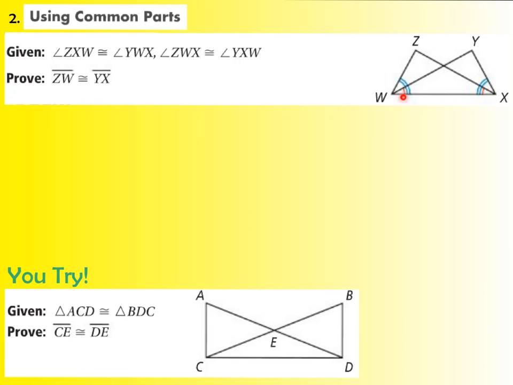When you see it in red, you can kind of see that. We also are given that angle ZWX, the big angle in blue, is congruent to YXW, this big angle in blue. So we have these overlapping triangles. The first thing that it might be easy if you do is to separate them. So let's go ahead and draw them out.